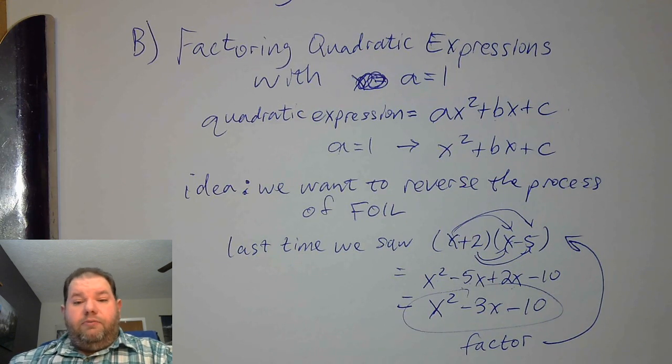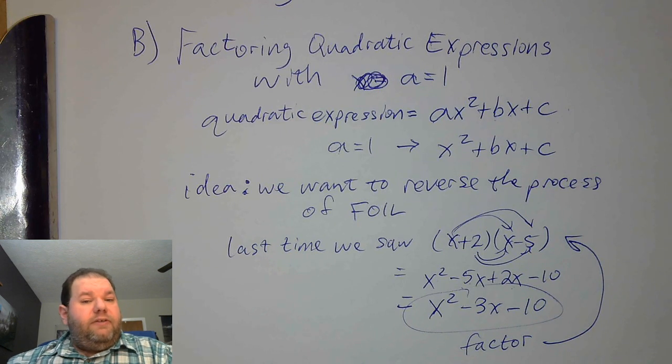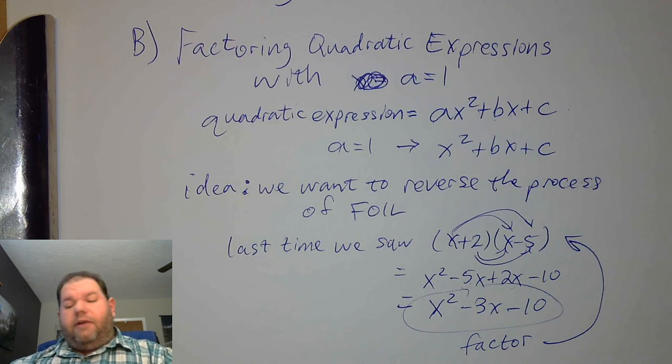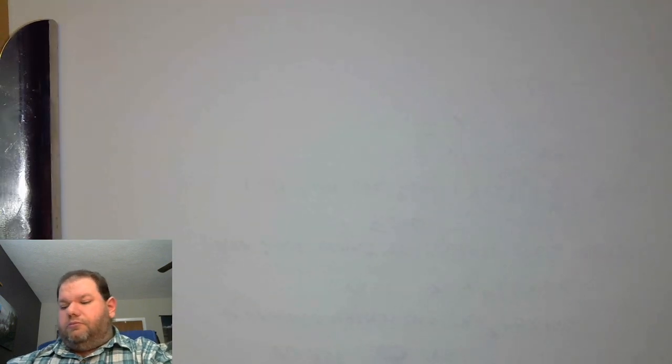We'll also look at problems where the coefficient of x squared is not 1, just to contrast that and see how we would handle those as well. But we want to focus on this first and get this down.